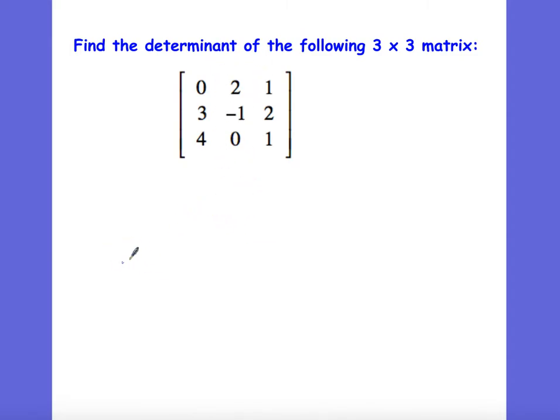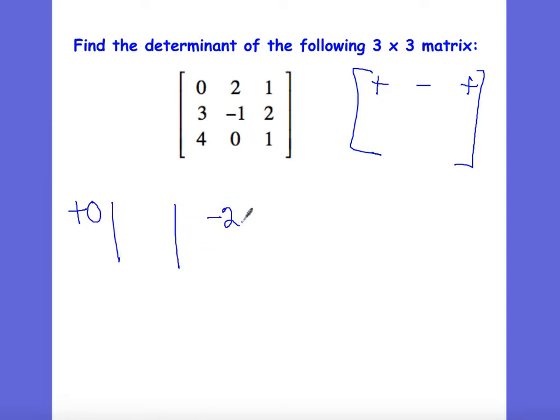So first thing I'm going to do is, if you remember that chart, the top row went plus, minus, plus. So I'm going to go +0, like this, and then -2, and then +1.